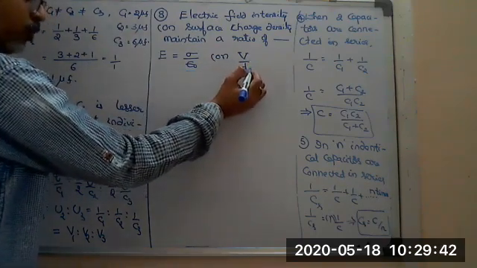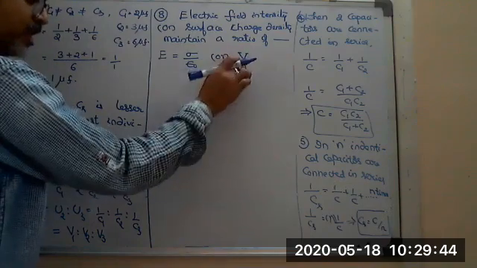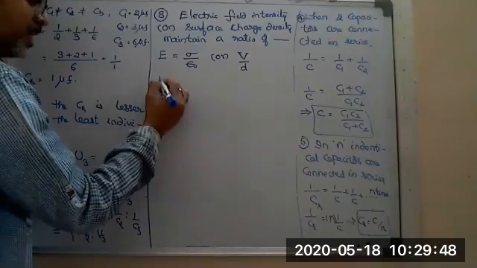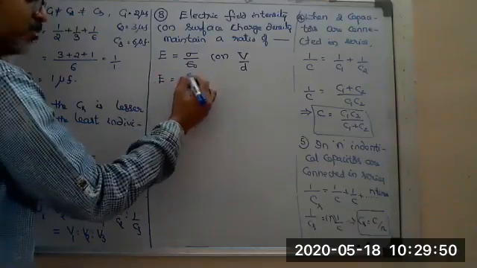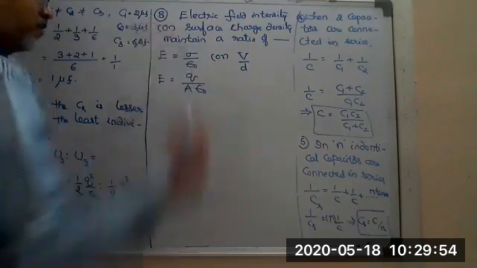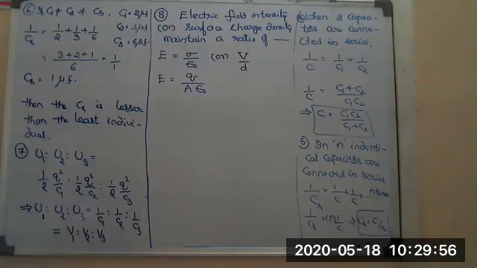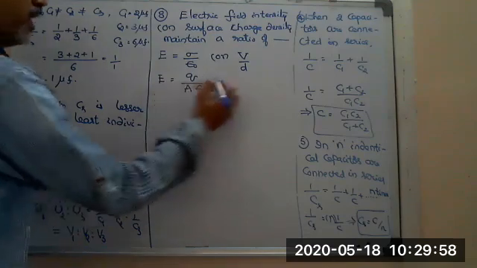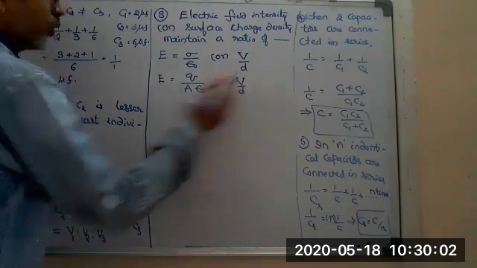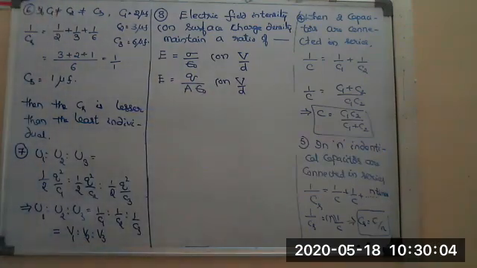I know the capacity, but not the distance between the plates. Here also you have one problem: E equals sigma, which is Q by A epsilon naught. So if I write either formula, I have to assume one thing as constant.